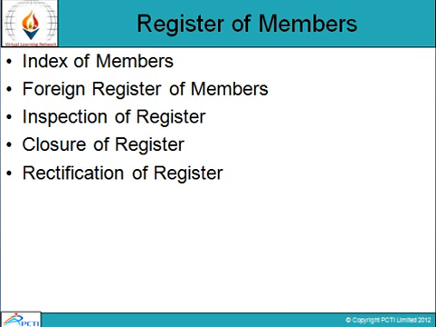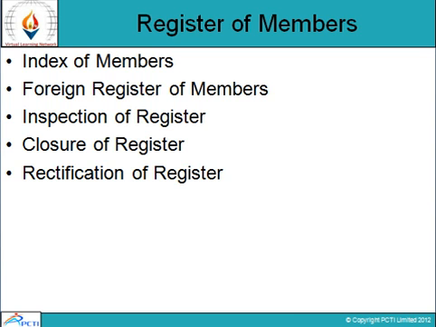Next, closure of register. According to Section 154 of the Act, a company may close the register of members for a period not exceeding 45 days in a year. At one time, the register cannot be closed for more than 30 days. For closing the register, at least 7 days' notice should be given by advertisement in some newspaper circulating in the district in which the registered office of the company is situated.